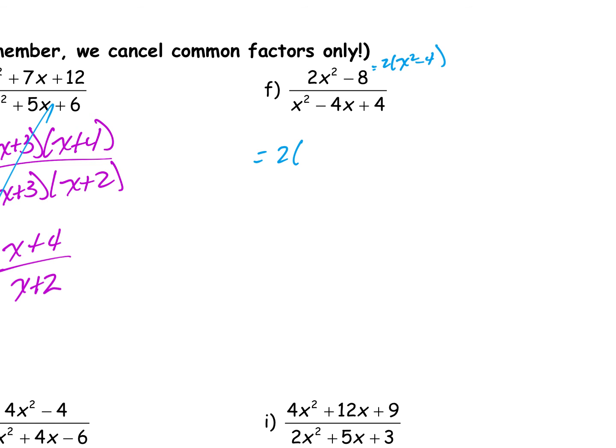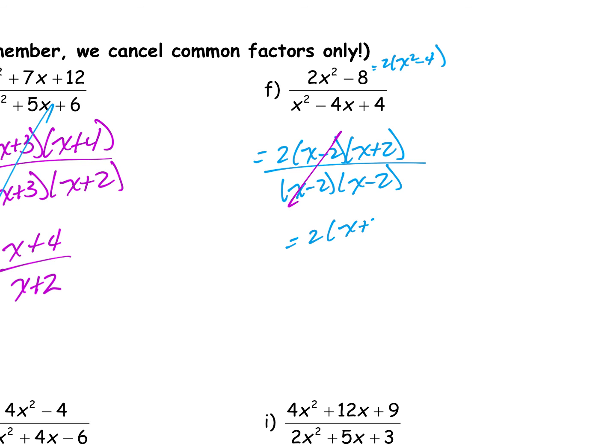So I get 2 times x minus 2, x plus 2. And the bottom factors to x minus 2 times x minus 2. So I'm going to get 2 times x plus 2 over x minus 2. I don't need to have that there. Questions? Are we okay with those? Awesome. If you guys don't ask questions, I'm just going to keep going.